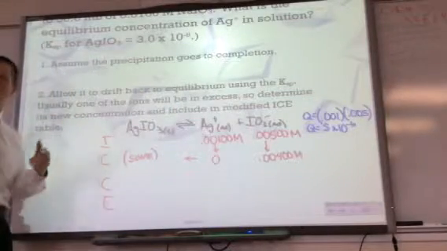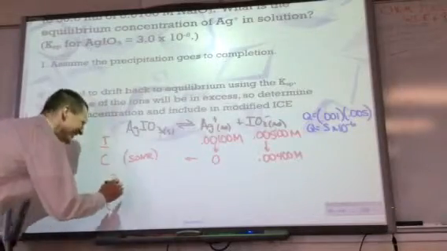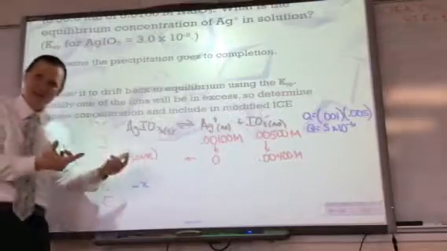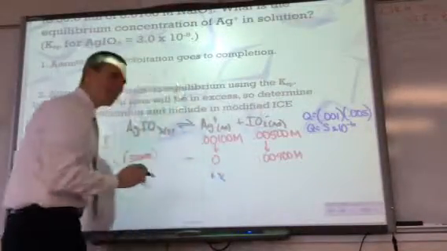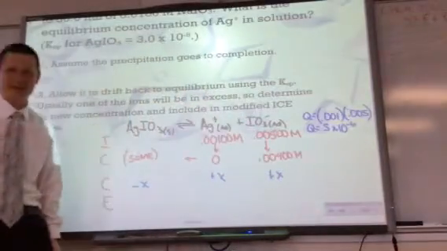You can practice saying that at home, and we'll try it tomorrow together. Okay? All right, so some of that solid now has to again dissolve and shift to the right, which means this is going to go up by x, and the IO3, even though we already had some, is going to go up by x as well.